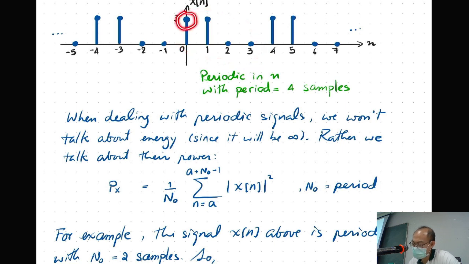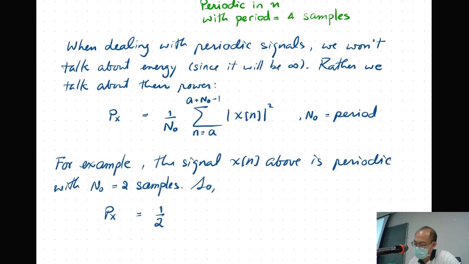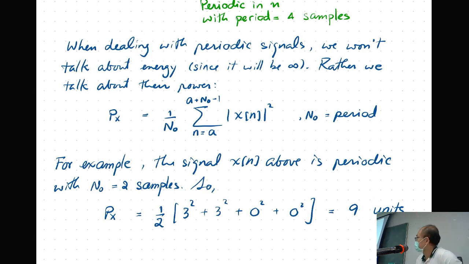I'm starting at 0, so it's 3 squared plus 3 squared plus 0 squared plus 0 squared. That would be 18. No, that would be 9. 9 units. I'm just saying units because we don't know the unit of x.